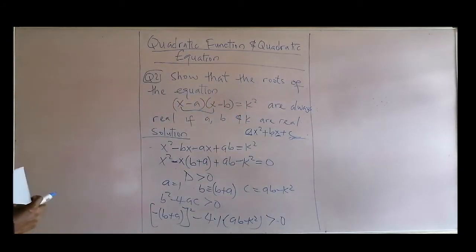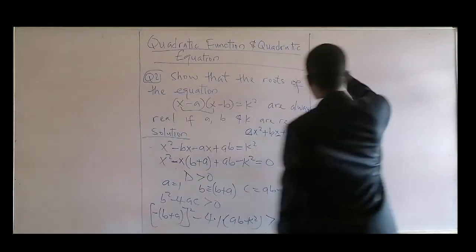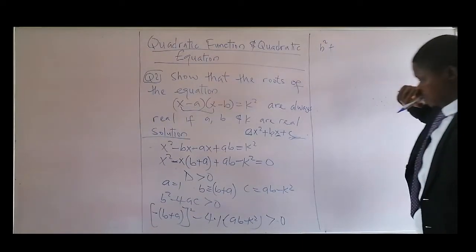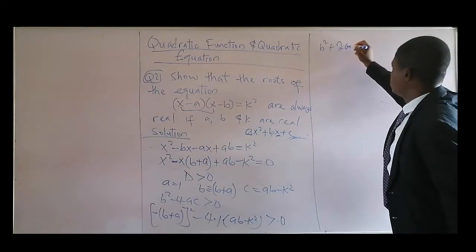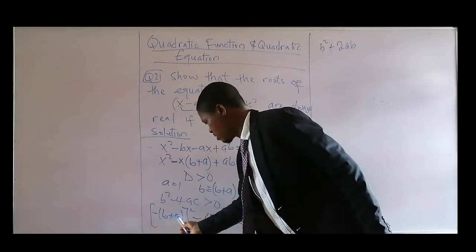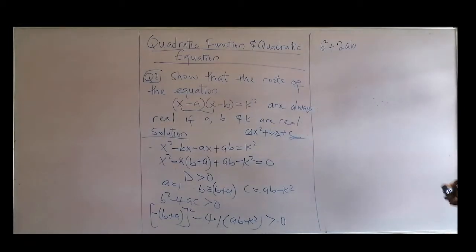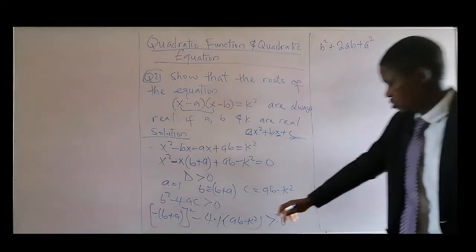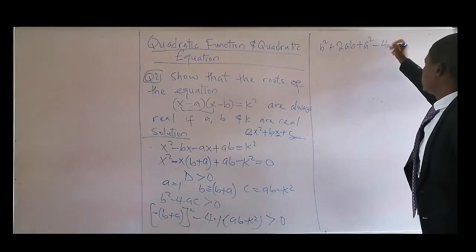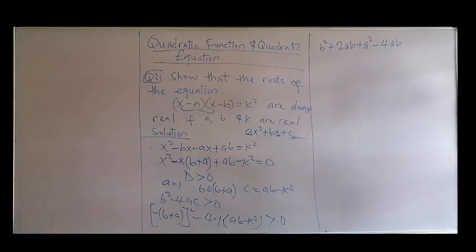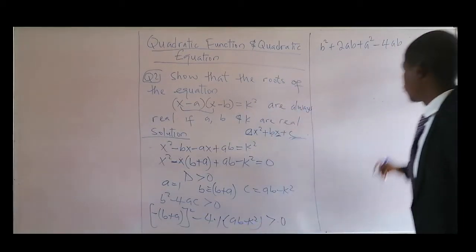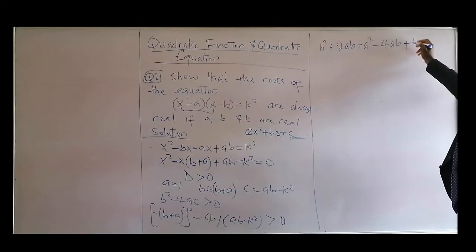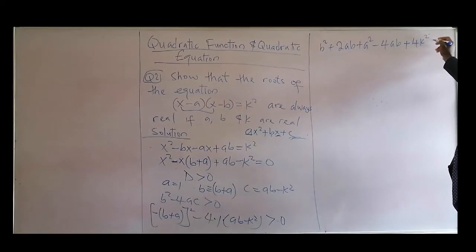So the next thing to do is expand (b plus a) squared. That will be b squared plus 2ab, and then plus a squared. Then expand this one: minus 4ab, and then minus 4 times minus k squared, that's plus 4k squared, greater than 0.